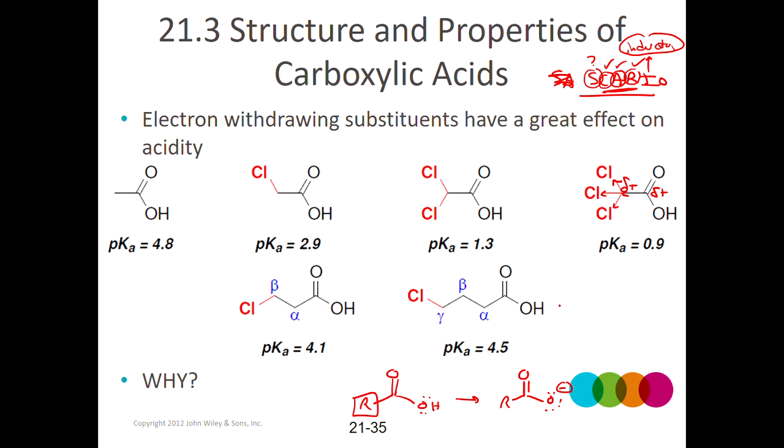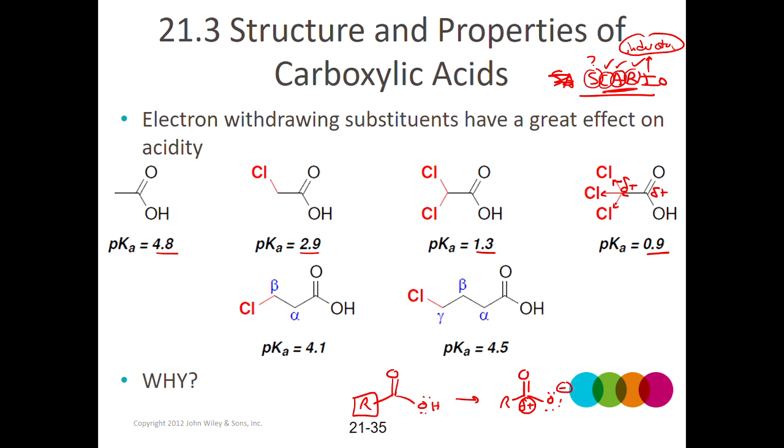And so that will attract electrons and create an even greater positive here. Why is that important? Because if I have a large partial positive on the carboxylic acid, it can form an attraction to the negative that forms in the carboxylate conjugate base, and that stabilizes it and makes it more able to give up a proton. So we see the pKa going down a little bit each time.